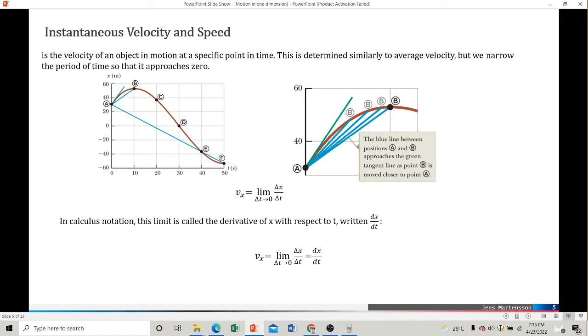So mao na ang instantaneous velocity. Ang velocity nga gikuha nato with the specific instant of time.